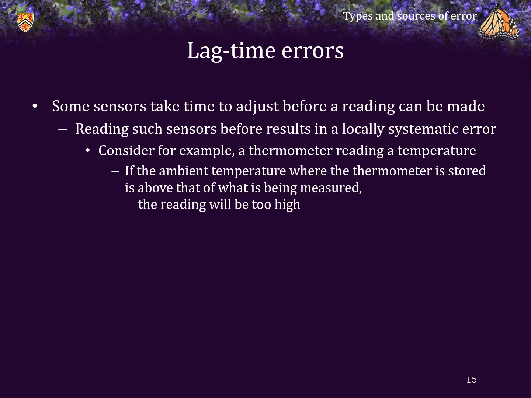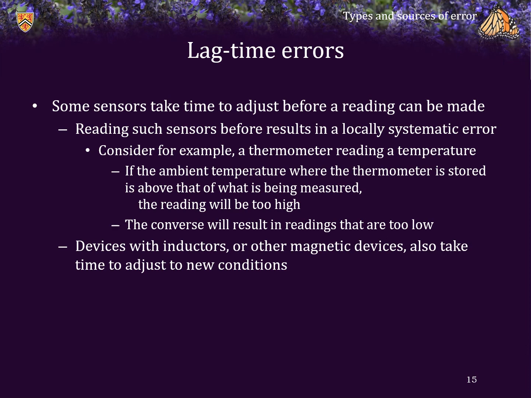If the ambient temperature where the thermometer is being stored is above that which is being measured, then initially the temperature reading will be too high. And if you do not wait until the thermometer has reached equilibrium, the reading will be too high. The converse is equally true. If the ambient temperature is lower, then any premature reading will also be too low consistently.